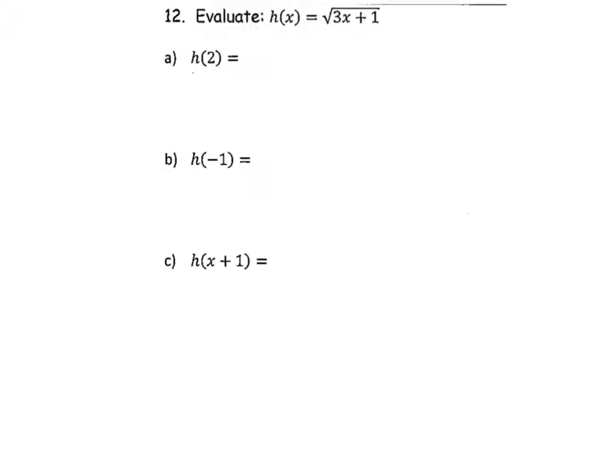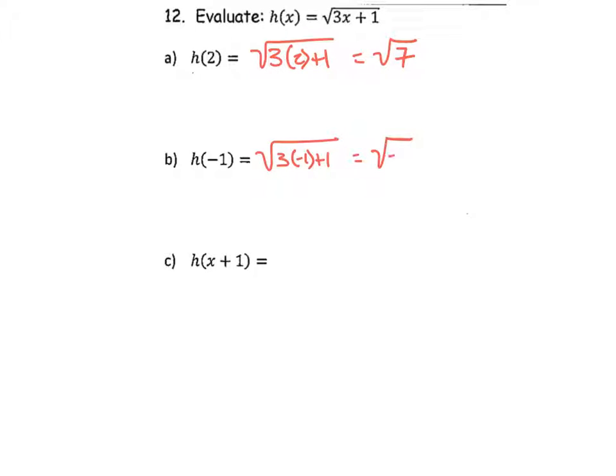All right, number 12. Go ahead and do A and B. Okay, don't move on to C. Okay, Angelique, what did you get for A? Square root of 7. Okay. Part B, what did we get, Nate?